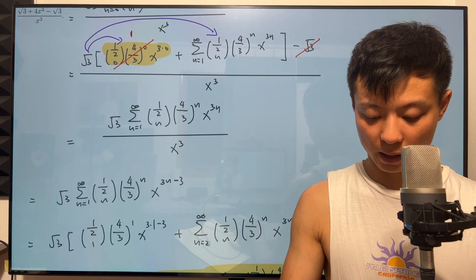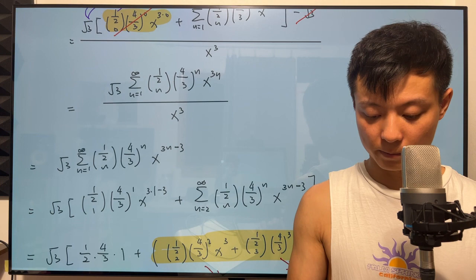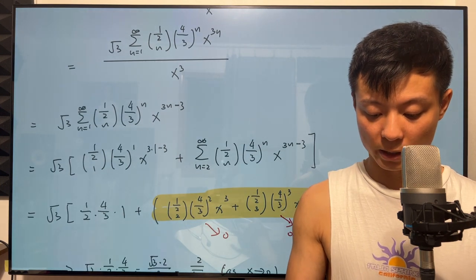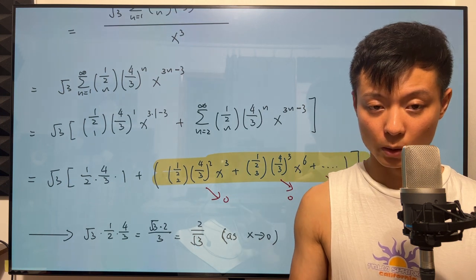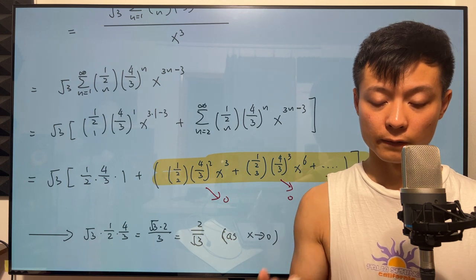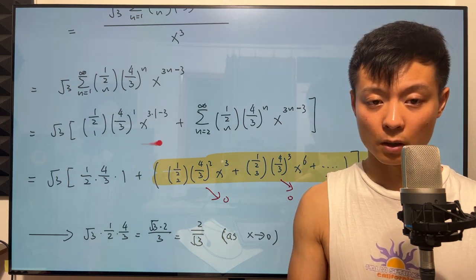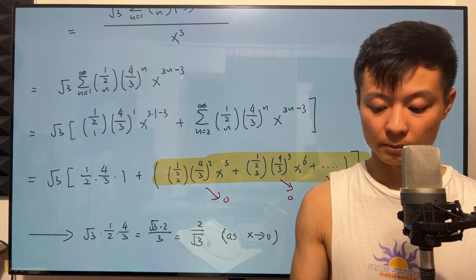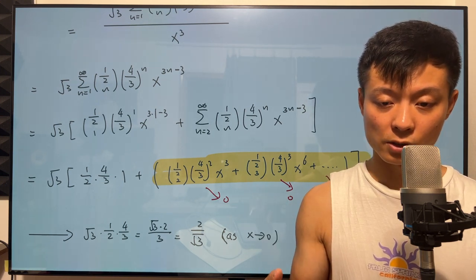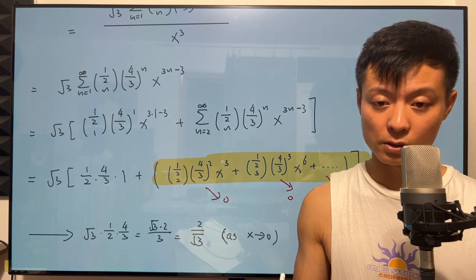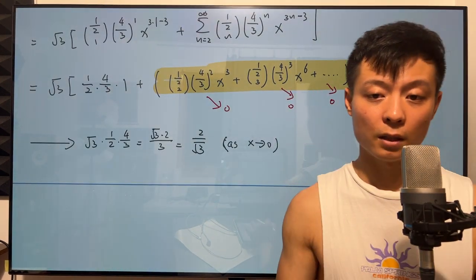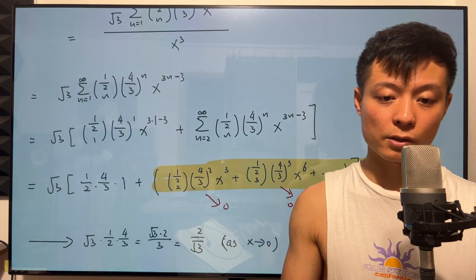And after that is canceled, there's some power for you to divide, and then just some messy algebra. And then we do need to notice that after we do the division, the first term is still a constant, so we need to write that out because that is different from the other terms, which all go to 0 as x goes to 0. Okay, if you have any questions, let me know.